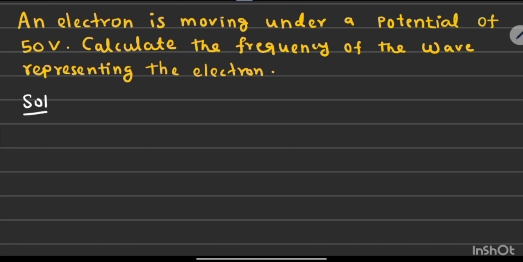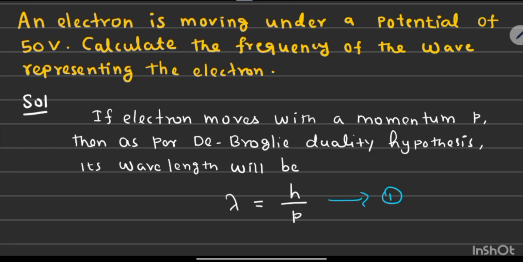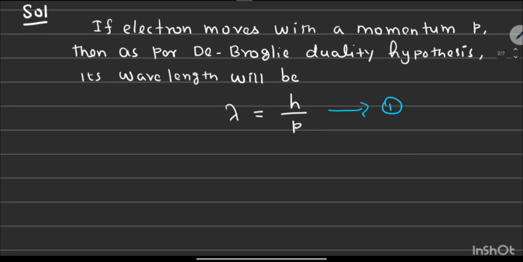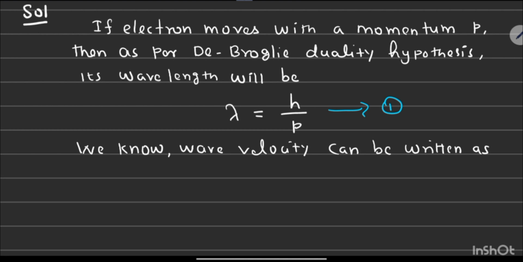We know from the de Broglie wave-particle duality that when an electron has a certain momentum, it will have a certain wavelength. Lambda is equal to h by p, where h is the Planck's constant. One can find the wave velocity by multiplying the wavelength and the frequency of the wave.